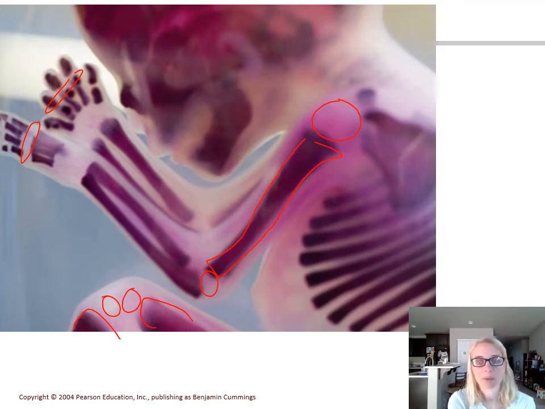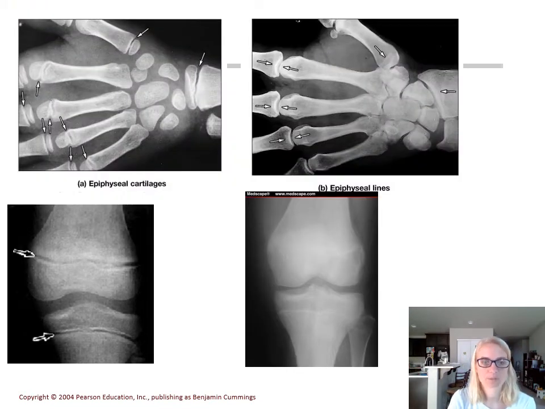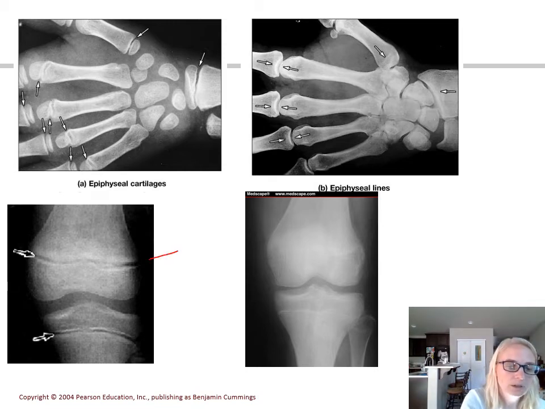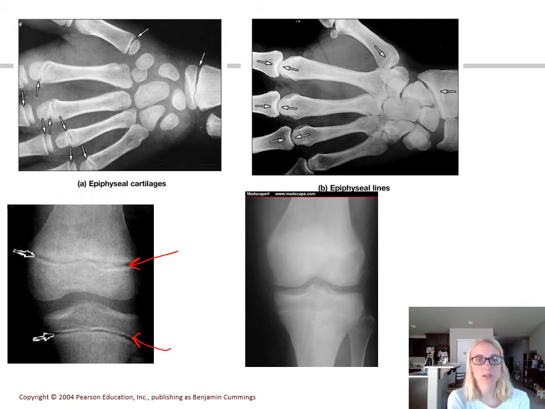to be made. Okay, so then here are some x-rays showing the presence of those epiphyseal plates and then what it looks like once they close into an epiphyseal line. So here we can see the dark lines that show the cartilage, because cartilage isn't as dense as bone, so it shows up black, if you will, in an x-ray. And then we can see very subtle lines in a mature bone.